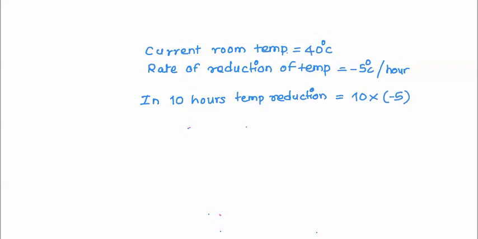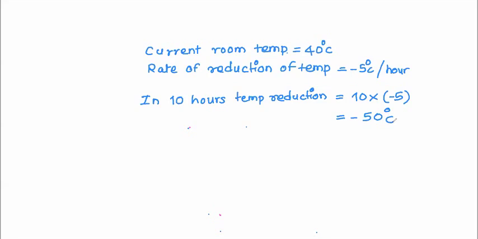I will be bringing them back when I have the final answer. So 10 into minus 5, you multiply the weights, 10 and 5, 50. How many negative numbers you have? You have only one negative number, that is odd number of negative numbers. So you get minus sign. So the temperature reduction in 10 hours is minus 50 degrees centigrade.